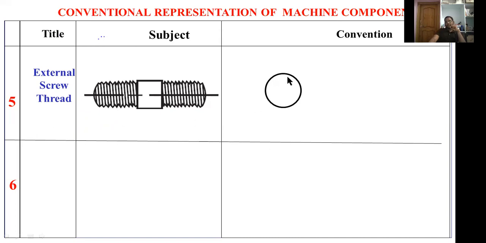This circle indicates the outer diameter of a thread. This is the front view of the thread, the shaft, and it shows like a rectangle.